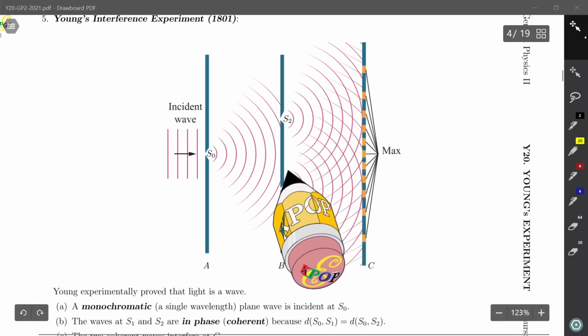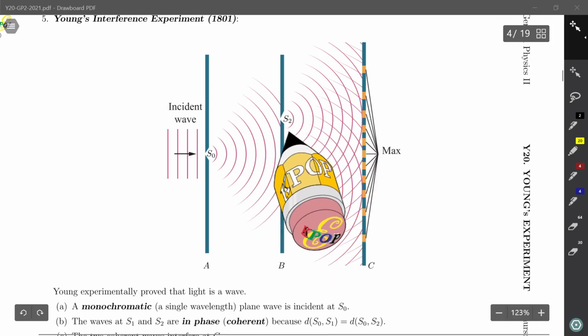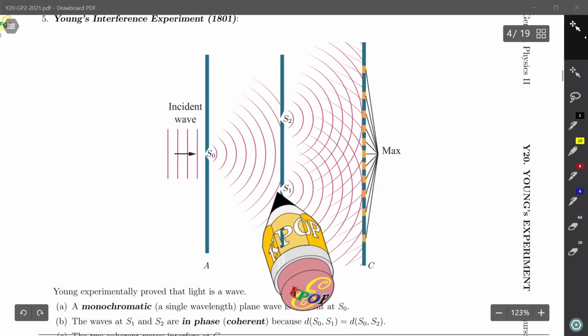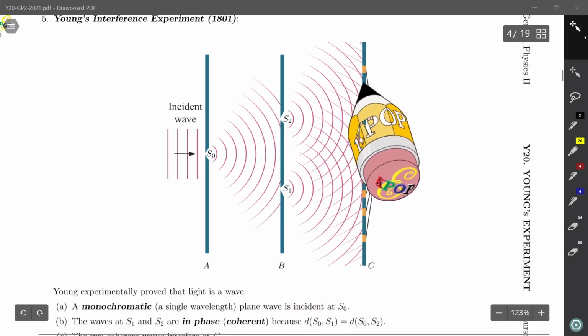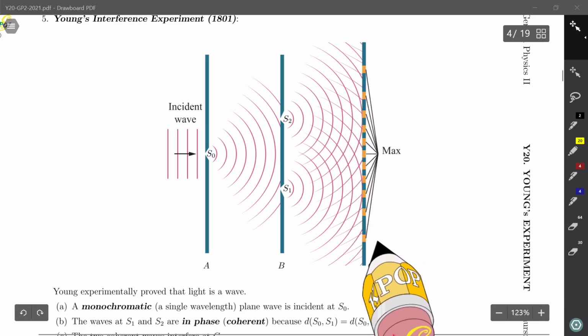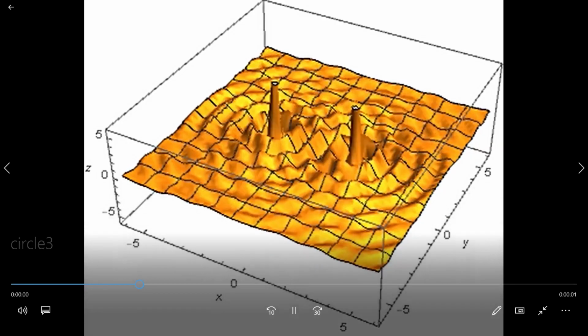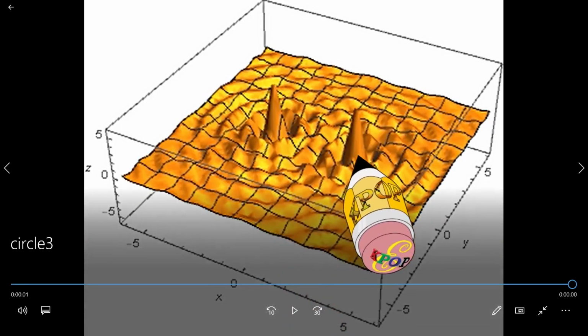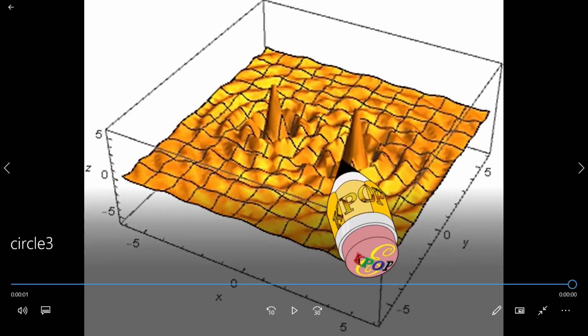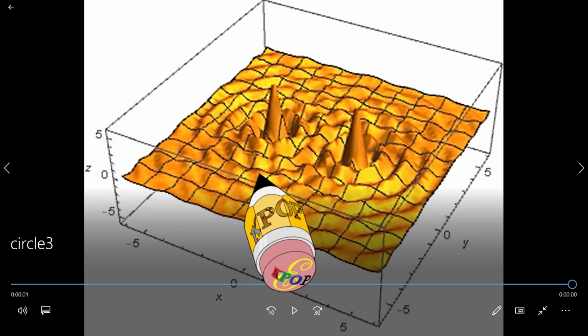In that case, the distance between the two slits is very important to analyze the interference pattern appearing on the screen. As we have already seen, two coherent sources produce waves, and then we can find the interference pattern.